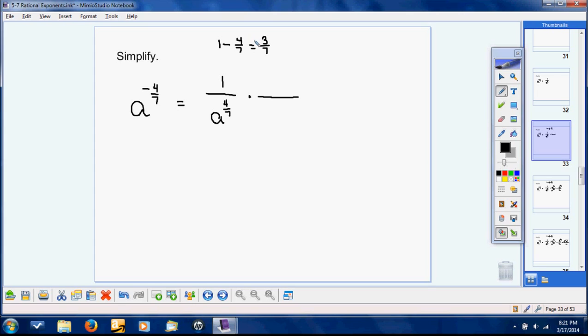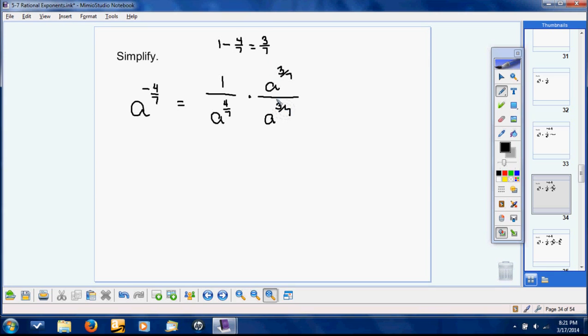I need 3/7 more to make this thing work out. So that means that I need to multiply it times a to the 3/7 over a to the 3/7.